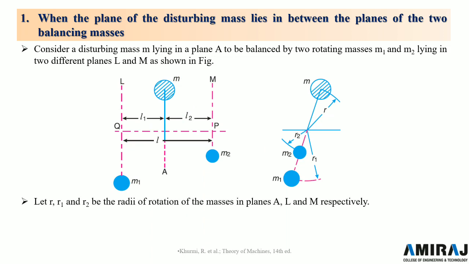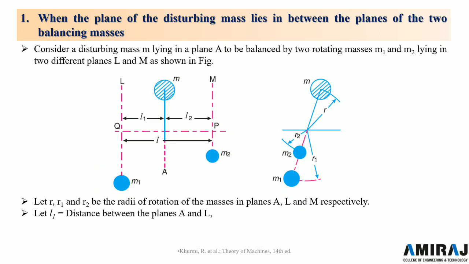Now let small r, r1 and r2 be the radii of rotation in the planes. So for plane A there will be r, for plane L there will be r1, and for plane M there will be r2.